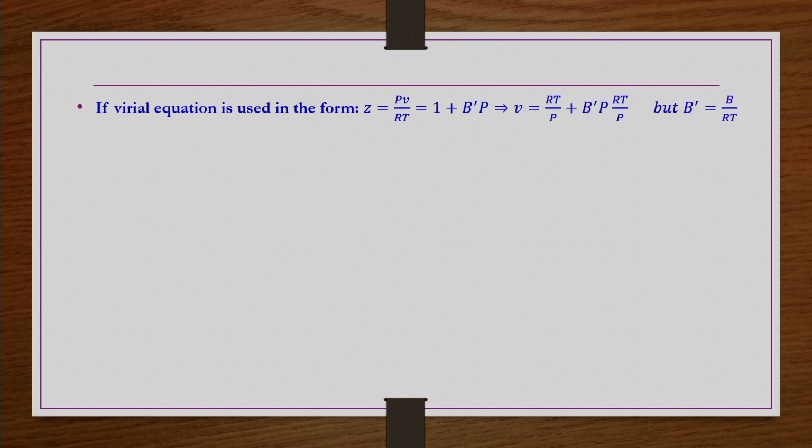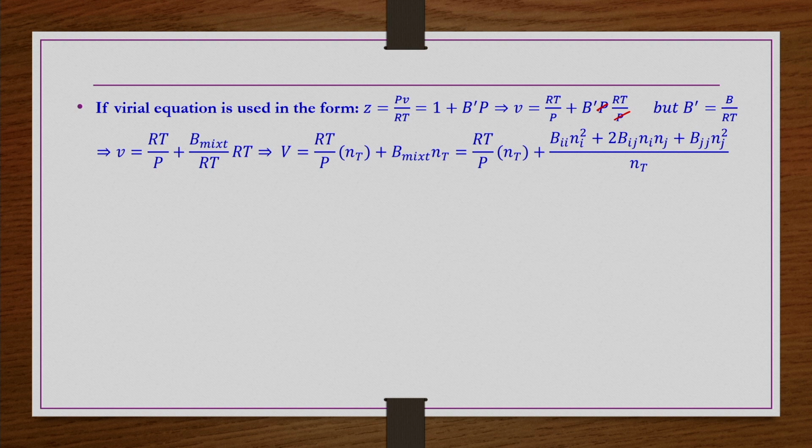Okay. We have Z equals PV by RT equals 1 plus B prime P. So, we can write V equals RT by P plus B prime P RT by P, so this cancels out, right. But B prime we know is nothing but B by RT. So, then we can write V equals RT by P plus B mixture. Now small v, the molar volume, we can write as capital V by Nt, where capital V is the total volume.